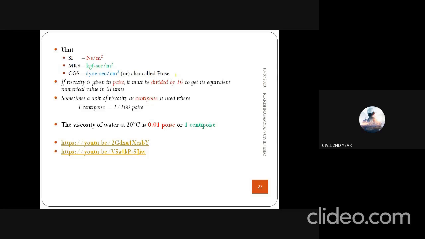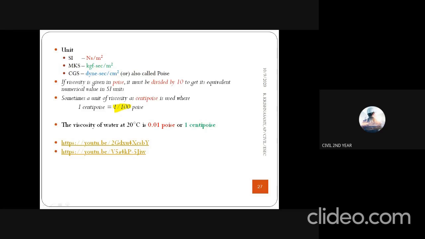Sometimes a unit of viscosity called centipoise is used, where 1 centipoise is equal to 1 divided by 100 poise. The viscosity of water at 20 degrees Celsius is 0.01 poise or 1 centipoise.